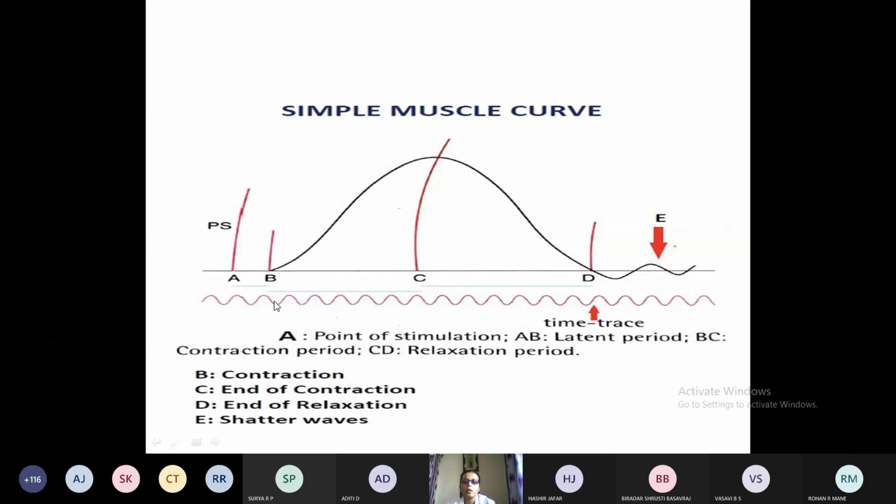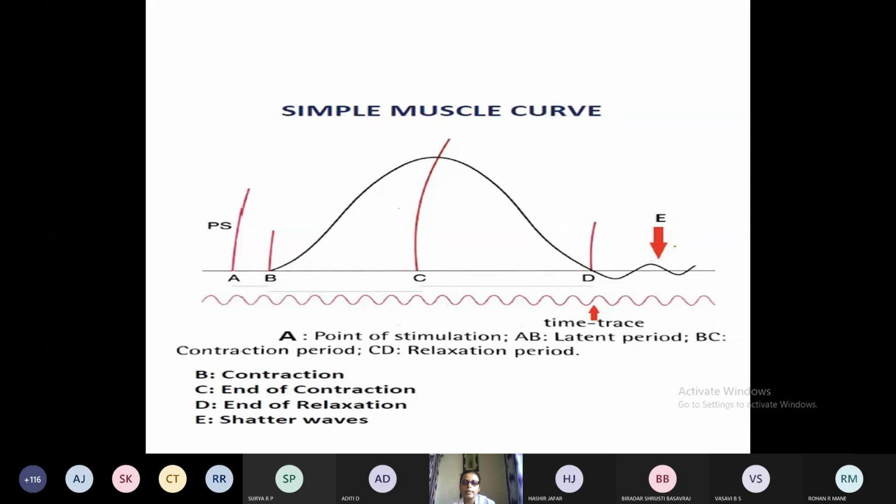Now, how do you read this curve? It starts from the point A, which is denoted as the point of stimulus, where you give the threshold stimulus. Later, there is a latent period where the muscle itself is preparing to get activated and to form a curve.